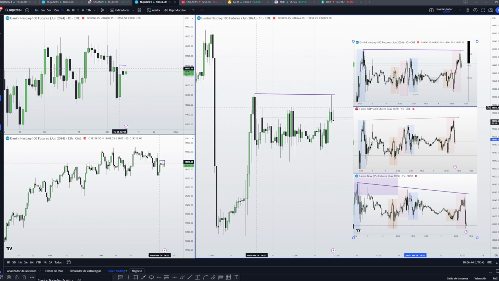So initial SMT here in Friday highs. Okay, Nasdaq in 10 a.m. development.